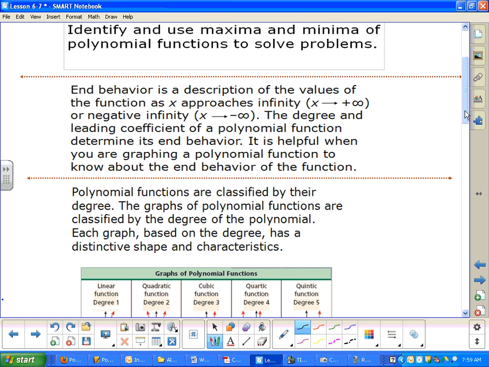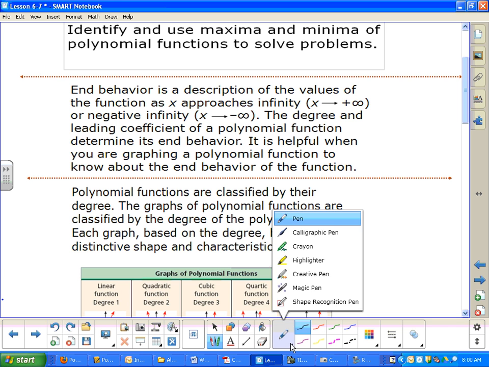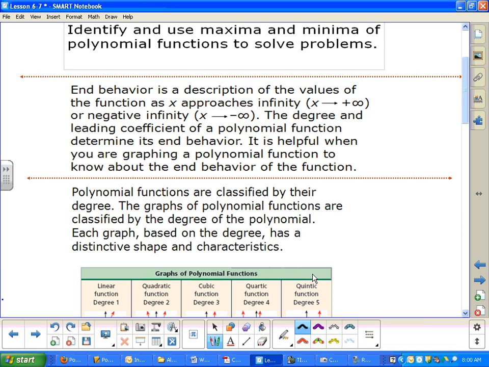So end behavior tells us what happens with the graph as x approaches positive infinity or as x approaches negative infinity.